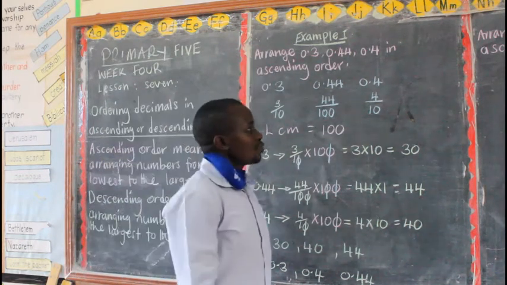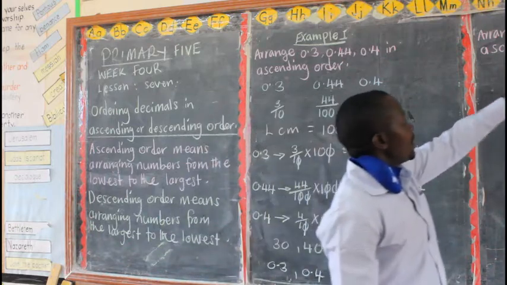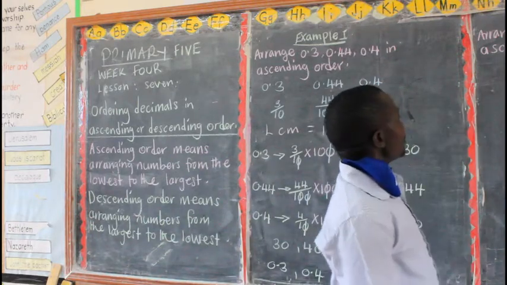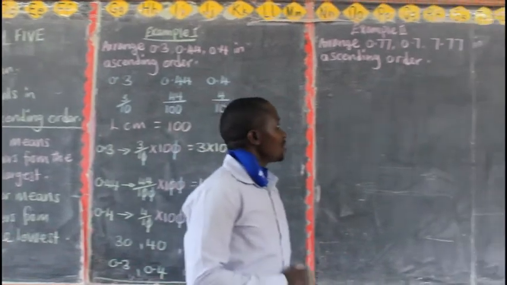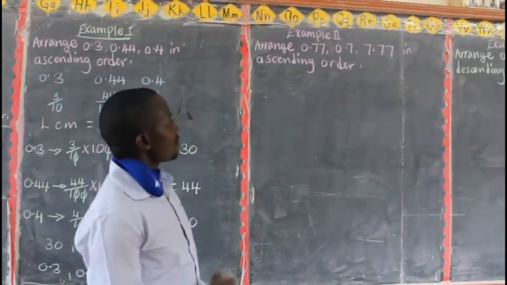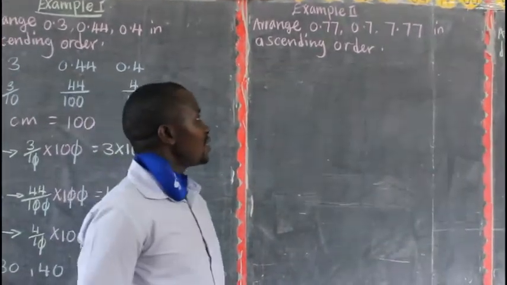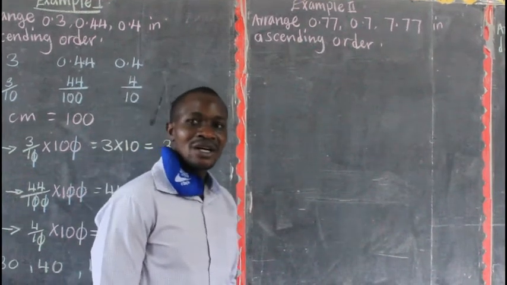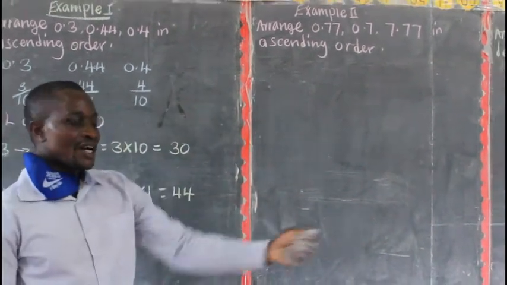Let's look at example 2. Example 2 says arrange 0.77, 0.7, 7.77 in ascending order from the lowest to the highest.